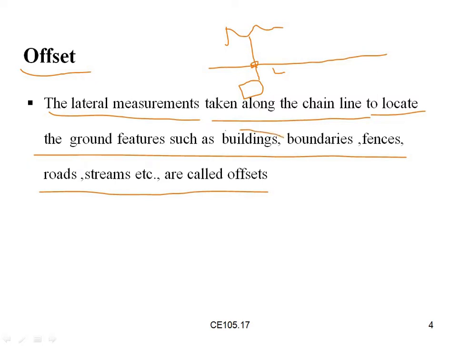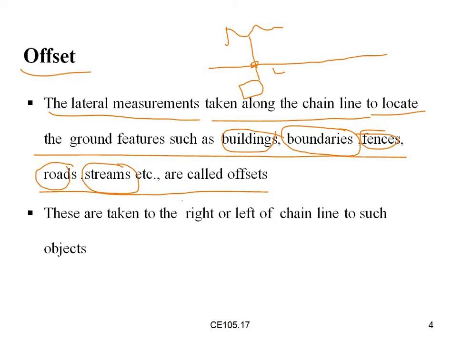So we use it for buildings, boundaries, fences, roads and streams. These are taken to the right or left of the chain line to such objects.